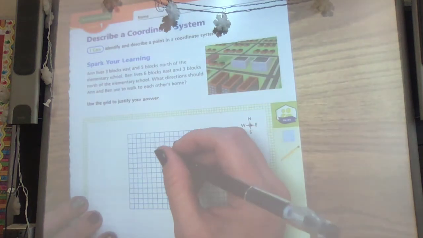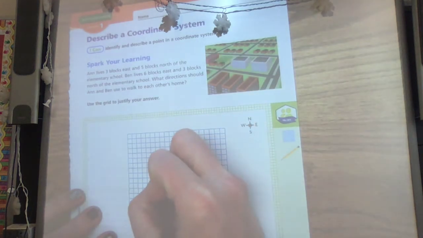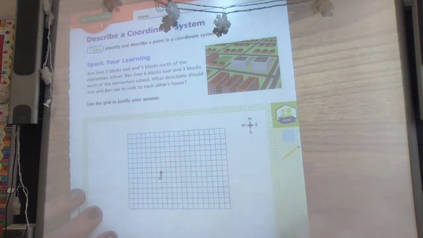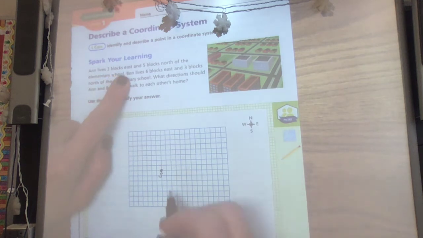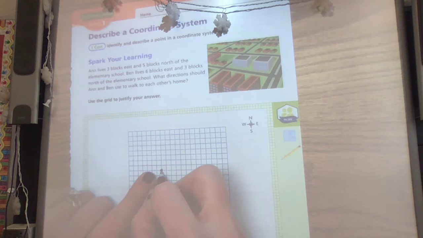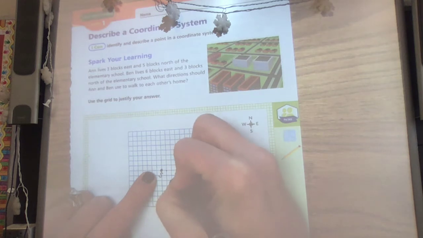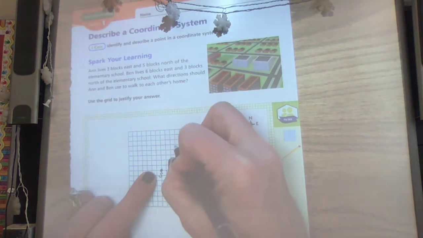So I'm just going to put the school right here, okay? I'm going to put an S for school. So it says that Anne lives 3 blocks east. So let's go 1, 2, 3. You know you're at a block when you go to the next place where they intersect. 1, 2, 3 east, and 5 blocks north. 1, 2, 3, 4, 5.